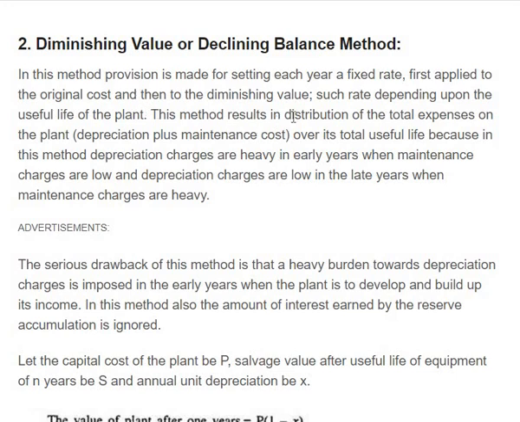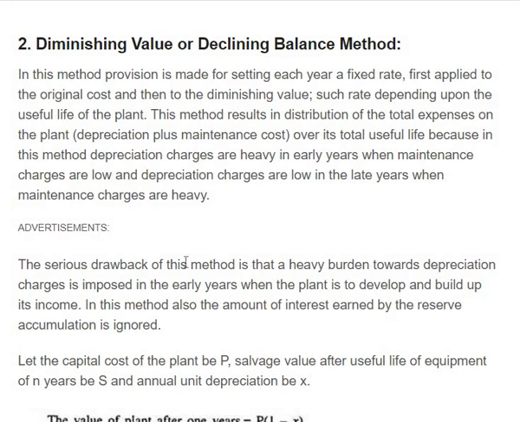This method results in a distribution of total expenses on the plant over its total useful life, because depreciation charges are heavy in early years when maintenance charges are low, and depreciation charges are low in the later years when maintenance charges are heavy.